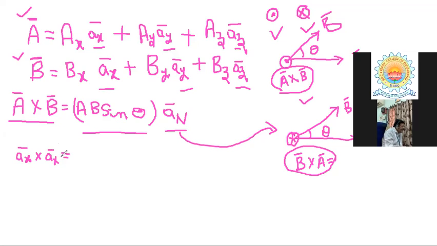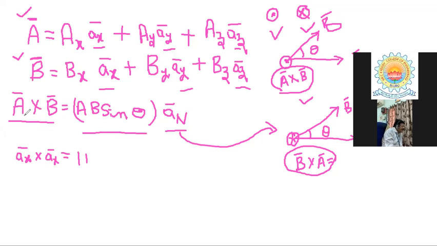Using the above formula, if you substitute, Ax bar cross Ax bar is equal to AB, the magnitude of Ax is 1, the magnitude of the other Ax is 1, and the sine of the angle between the same vectors.